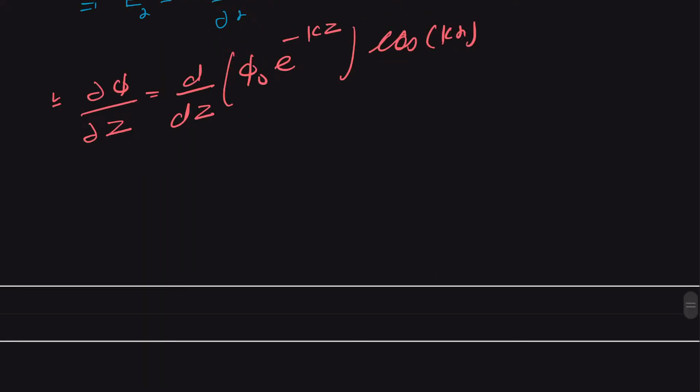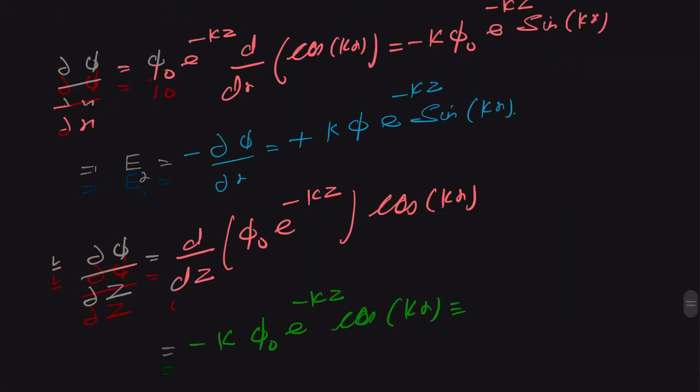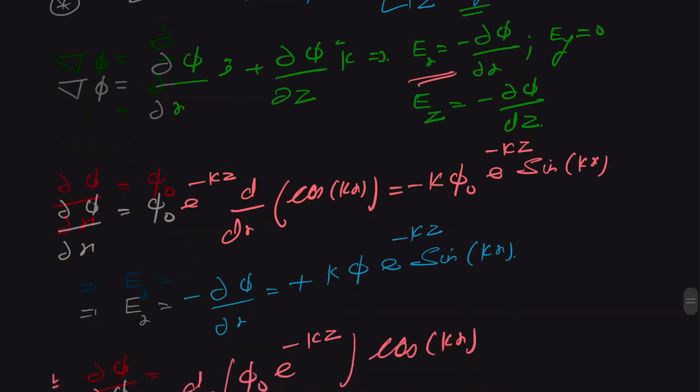Therefore, we can say that the partial derivative will be equal to minus k phi naught e raised to power minus kz and cos of our kx, and the electric field will be negative of this.